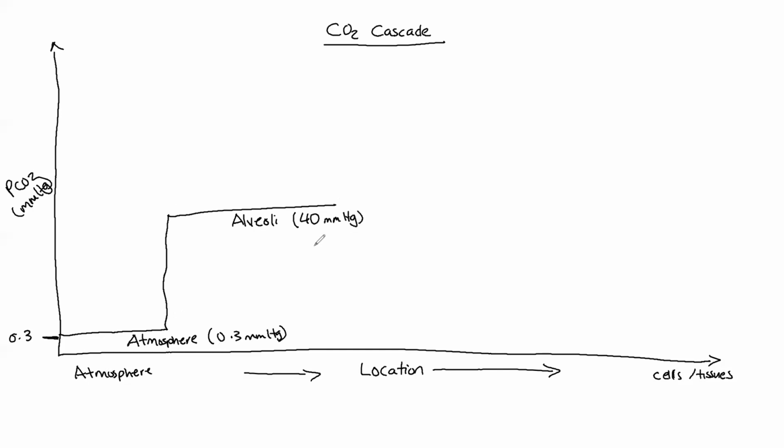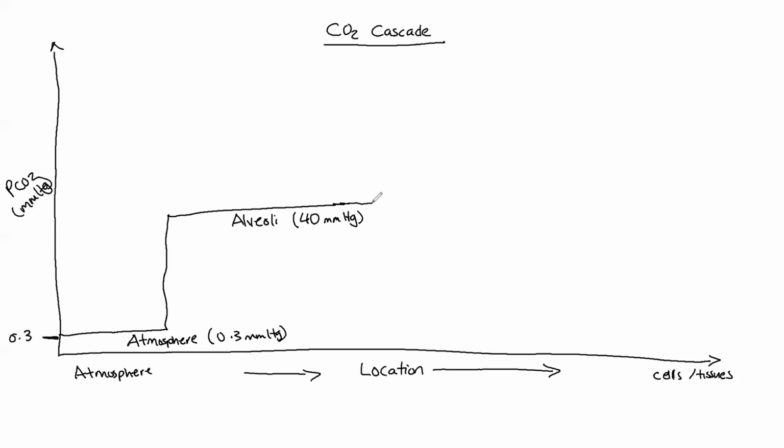Okay. Now we see a slight increase as well as we think about our systemic veins and pulmonary artery, okay? So this is where we have the mixing of that venous blood. All of that blood that's coming back from our respiring tissues has that deoxygenated blood, which has a heavy concentration of carbon dioxide.